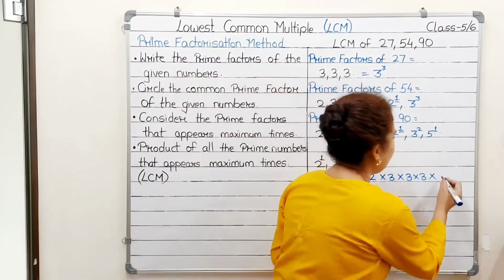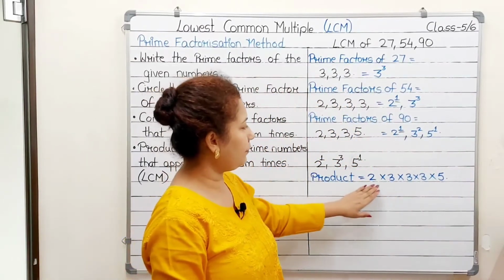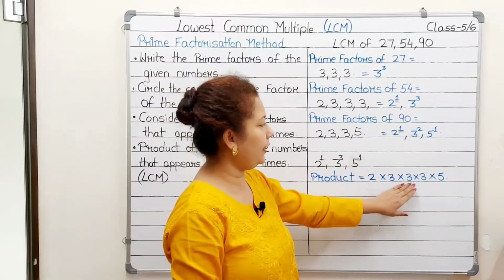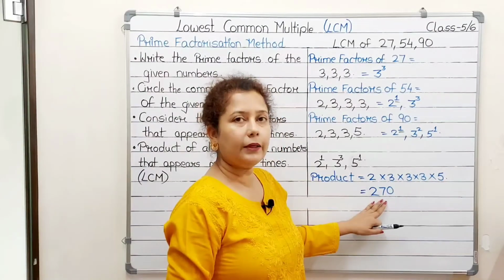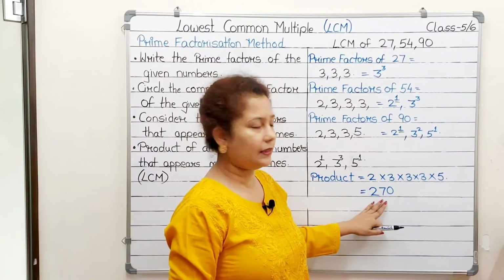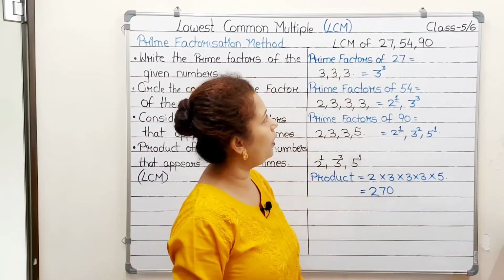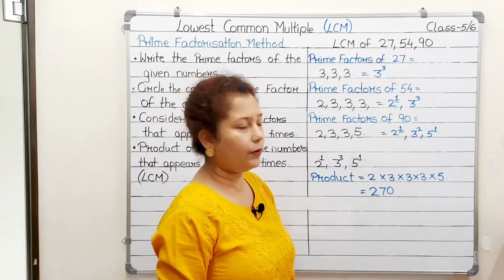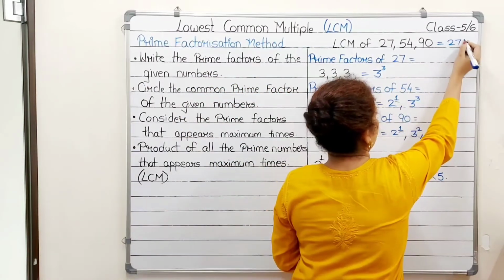So we will write it once. That is 5. So the product we have to find is 2 into 3 into 3 into 3 into 5. And the product of all these numbers is 270. So here the LCM of 27, 54 and 90 is 270.